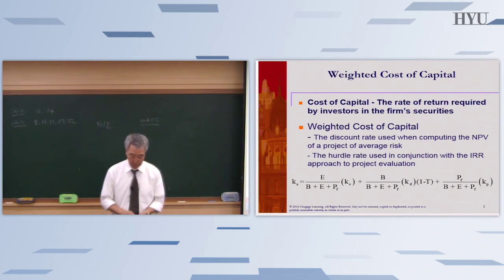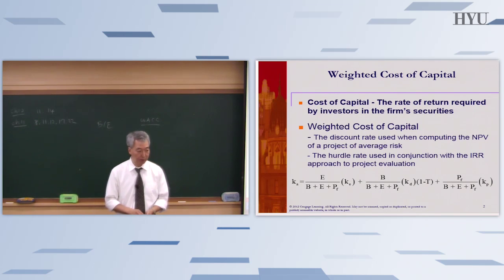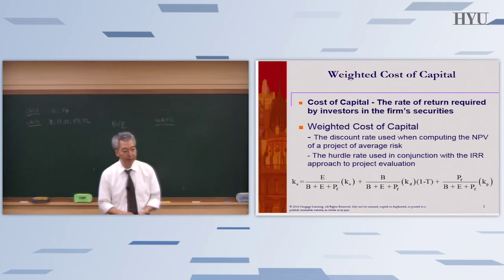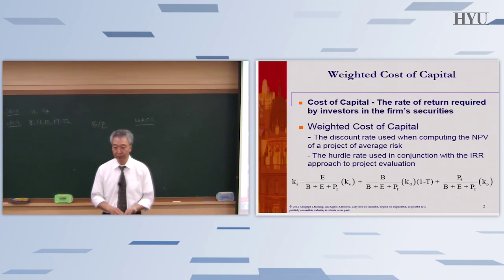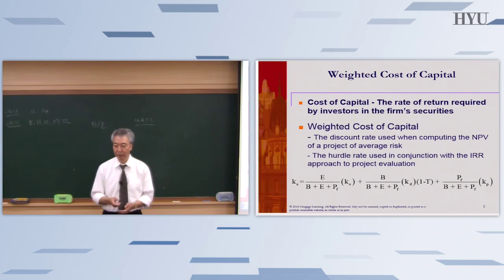Or you can say that it's the hurdle rate used in conjunction with the IRR approach to project evaluation. What is the IRR approach? Internal rate of return approach. So how do you evaluate a project using IRR? What is the criterion? What's the method?